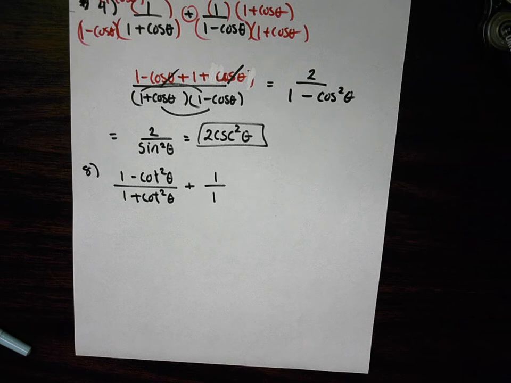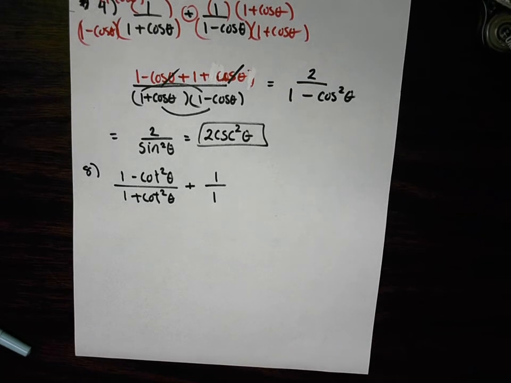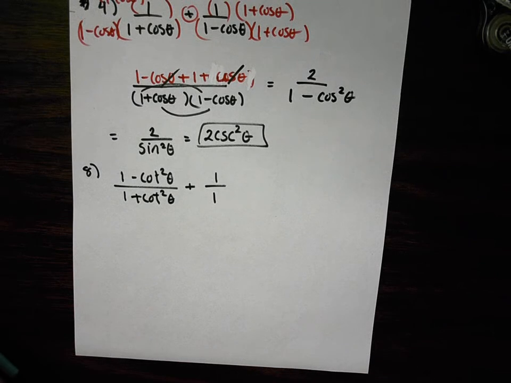Did I write that down properly? Any suggestions on this one? There's a few things we can think of. Anybody want to give any suggestions, advice on Unit 5, number 8?